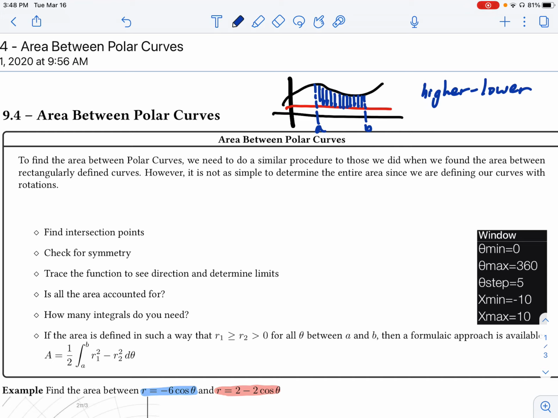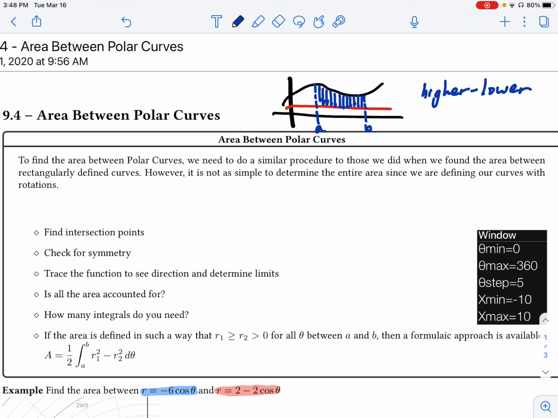These aren't necessarily meant to be linear, but are just some things for us to think about, namely finding intersection points, and checking to see if there might be any symmetry in these polar functions, where we might be able to leverage the fact that they are symmetric about a certain axis, for example, to simplify the number of calculations we may want to do.